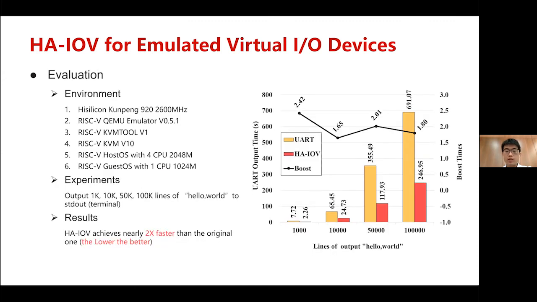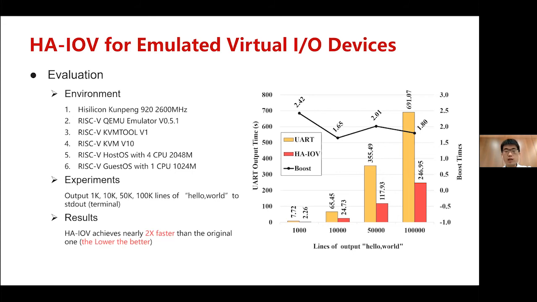To evaluate the performance improvement brought by HA-IOV, we perform our experiments on a RISC-V system, which is running on the HiSilicon Qualcomm 920 CPU cores. The host is configured with 4 CPUs and 2 GB system memory, while the guest is started up with 1 CPU and 1 GB system memory, which is enough to perform our test.